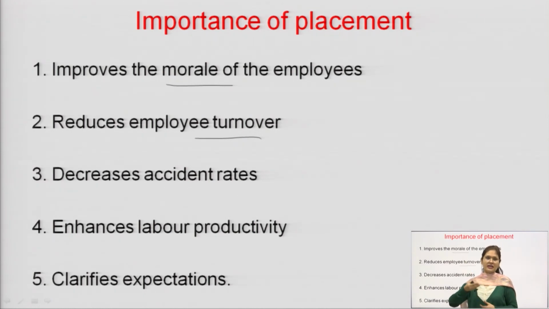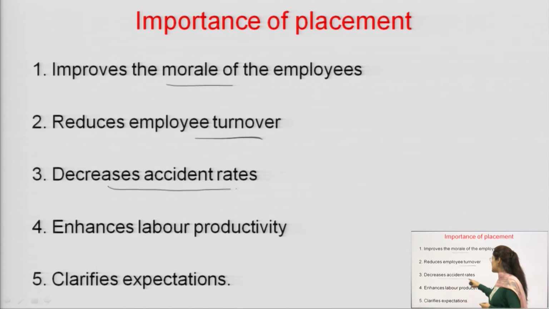And if employees stay for a longer period, we can say that employee turnover of that organization is less. Organizations always try to reduce employee turnover, and it is only possible when employees are satisfied with the job and the organization's policies. So placement also plays a very important role, because it leads to satisfied employees, right?